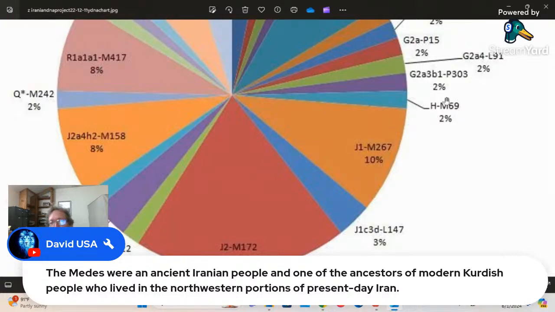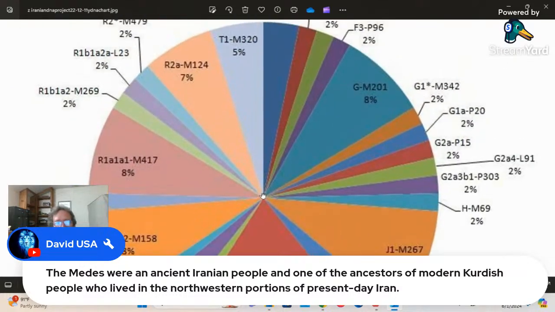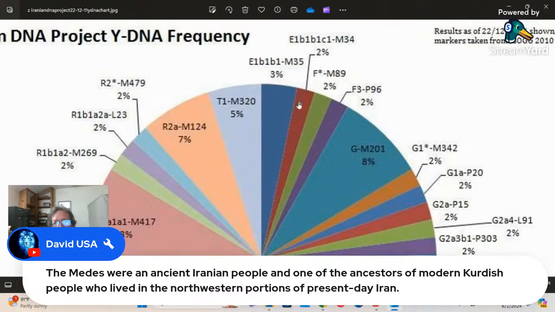And here you have some H from Elamites. And who else was there? G from Assyrians, and even some F from Lydians or Arameans, probably Arameans. And some Egyptian there.